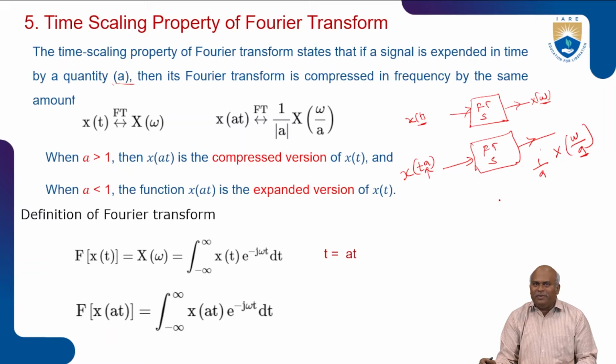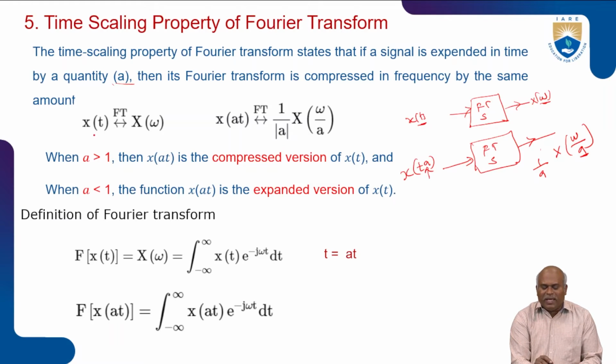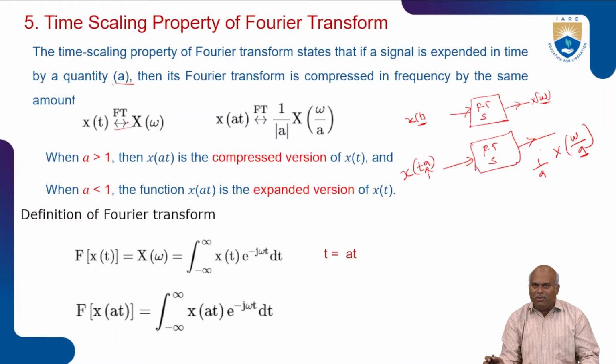As per the statement of the Fourier transform, we take the Fourier transform of x of t equal to capital X of omega. Then we take the inverse Fourier transform of capital X of omega, and we get x of t. We use the arrow mark on both sides.